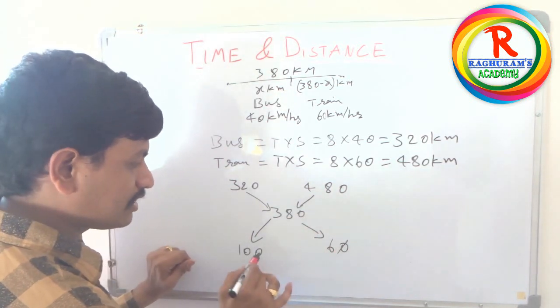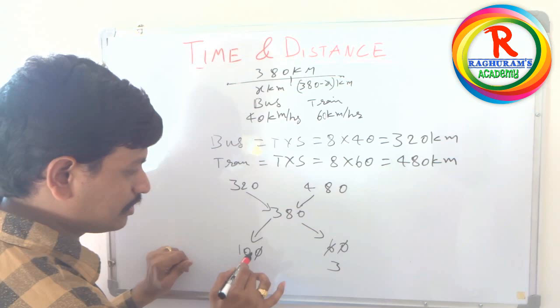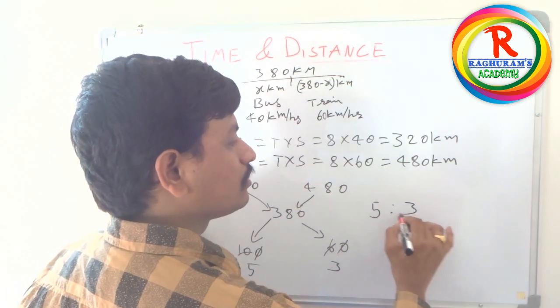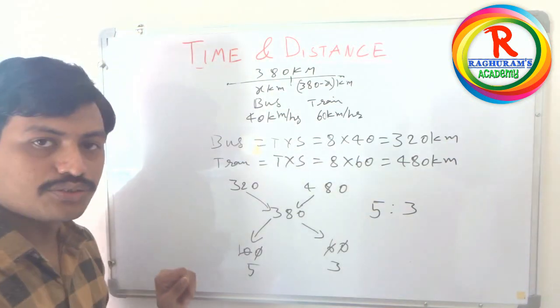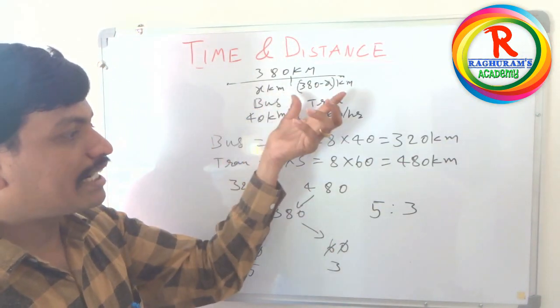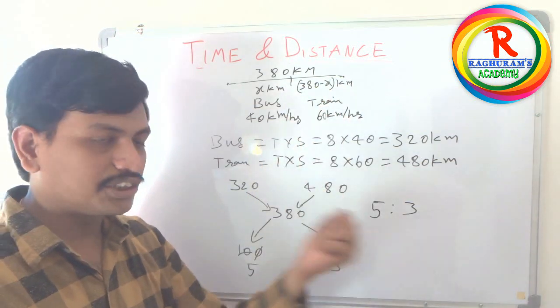Any cancellation? 0, 0 cancel. 2 3s, 2 5s. The ratio is 5:3.